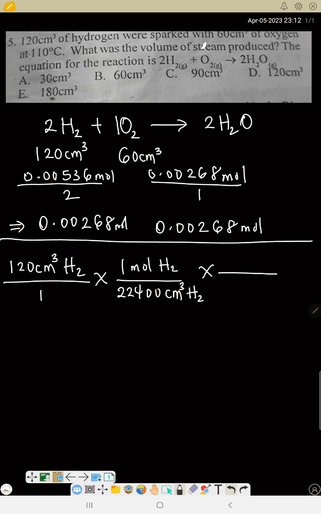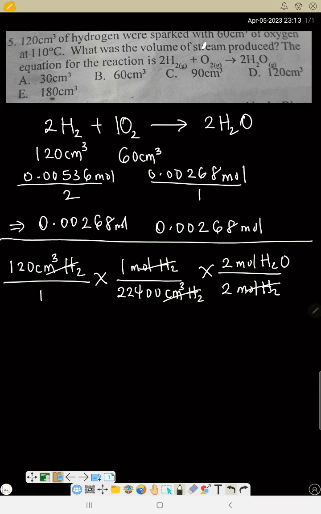Times, from this reaction we switch it to water. We know that 2 moles of hydrogen will produce 2 moles of water.